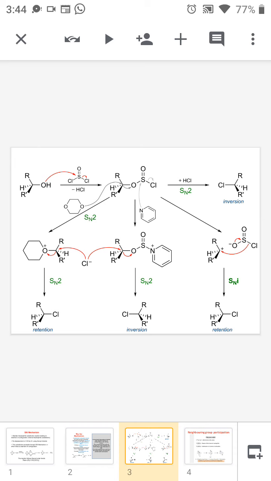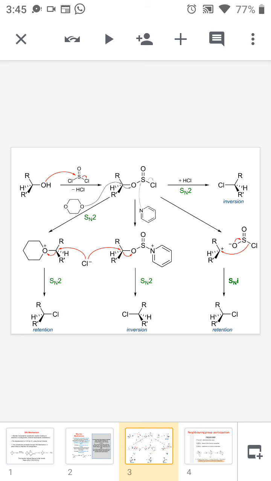Okay, please remember, usually thionyl chloride is used for making the substitution reaction SNi, but in some cases if we add some solvent like pyridine and some other solvent, acid, etc., the reaction may change from SNi to SN2. So in the SN2 case, we will get the inverted product.